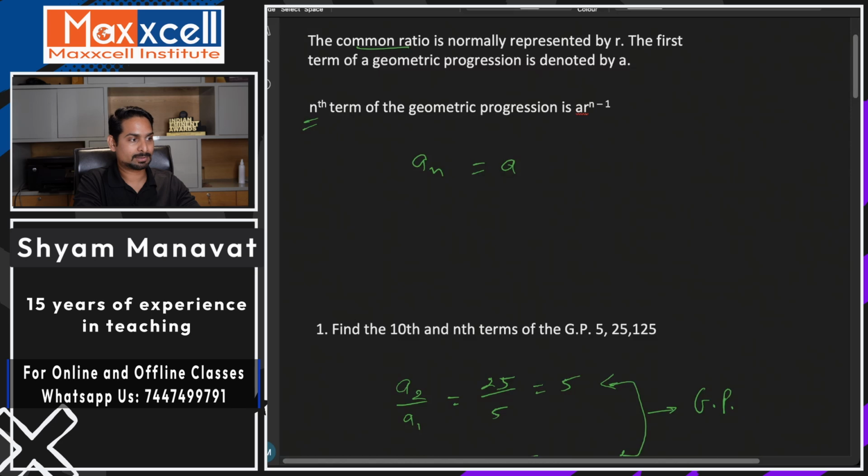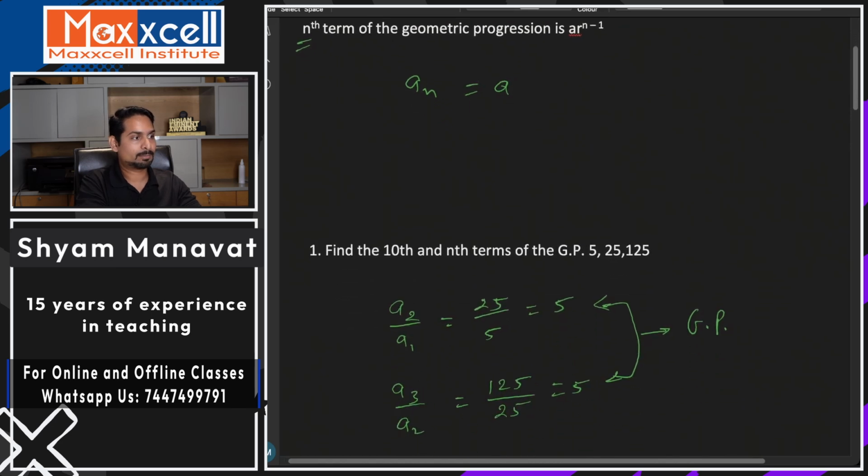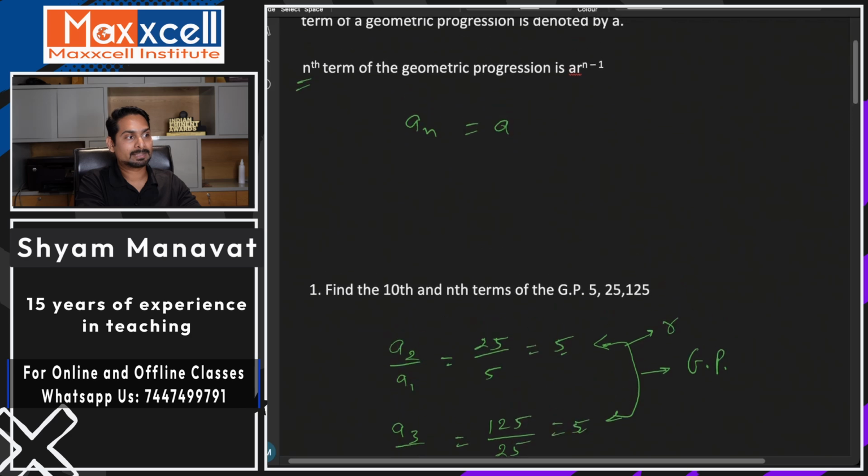So r is the common ratio, r raised to what? n minus 1. That is the formula of the nth term. Note down this formula: an equal to a into r raised to n minus 1.